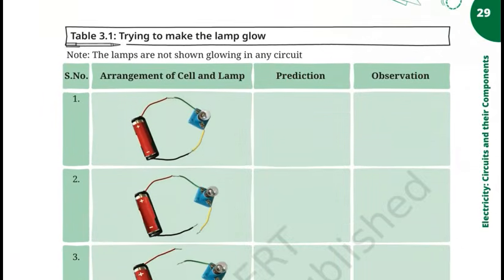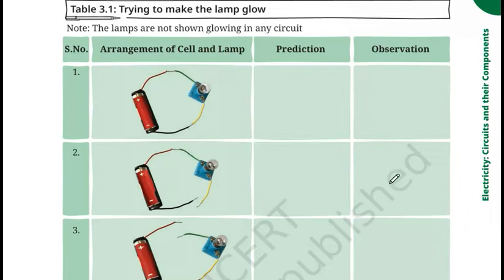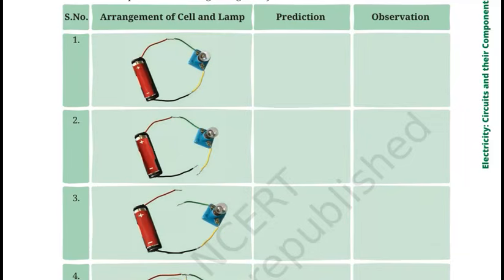In table 3.1 we have a few connections, as you can see, 1, 2, 3, 4. In position 1 you can see we have the cell positive terminal connected here and the negative terminal connected here. In the second one, the positive terminal is connected, the negative terminal is broken.